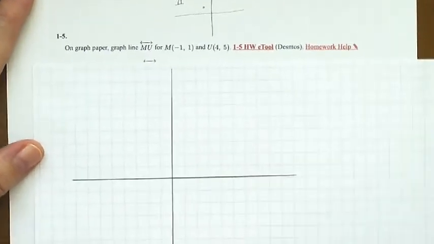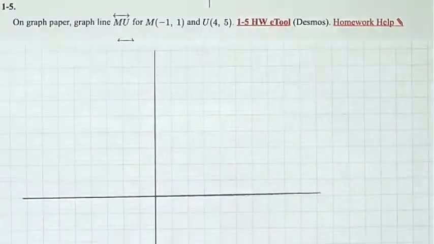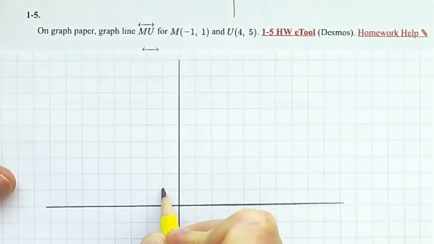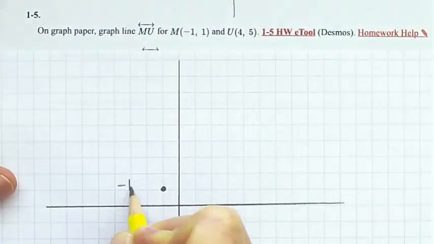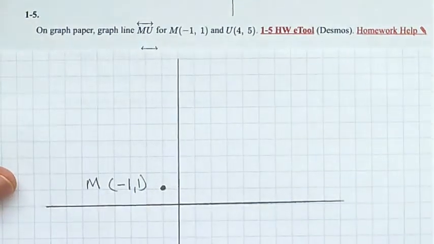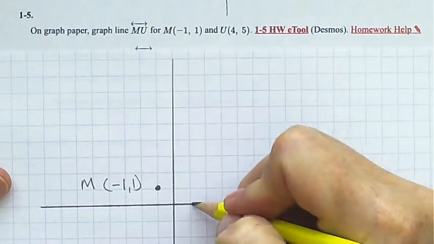Okay, so we had these 2 points, -1, +1, and we have the point 4, 5.